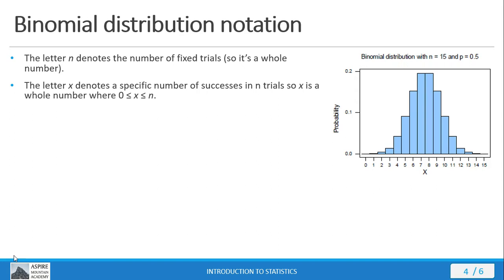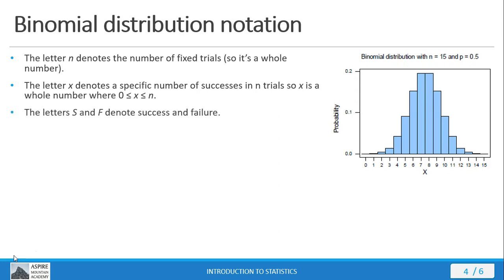So, x is also going to be a whole number because we're counting the number of trials. And there's no such thing as a partial trial, so the trial is a success or it's a failure. So, with the way we've defined this, the value of x is going to be somewhere between 0 and n inclusive.